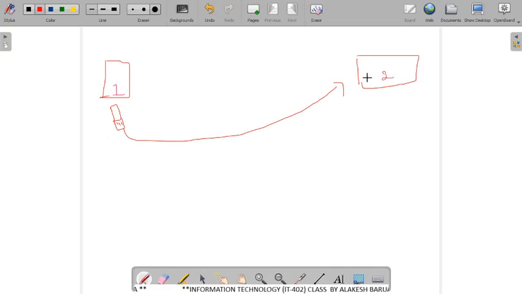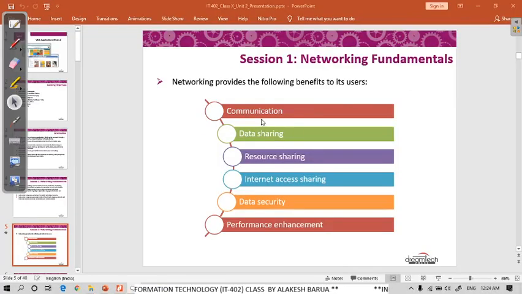So they can exchange data this way, or if you connect those two computers in a network, then they can exchange data in this way. Now, which is faster? This one, which involves transportation and human interaction, or this one, which can be done automatically? So networking improves communication between two computers. Exchange of data and information is improved if the computers are in a network. This is why communication.